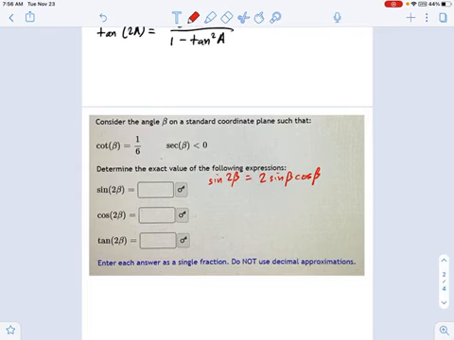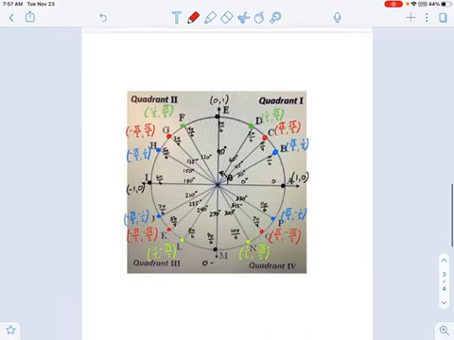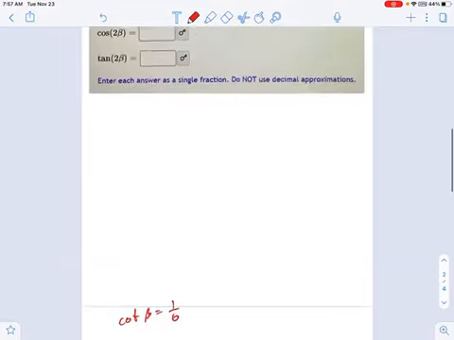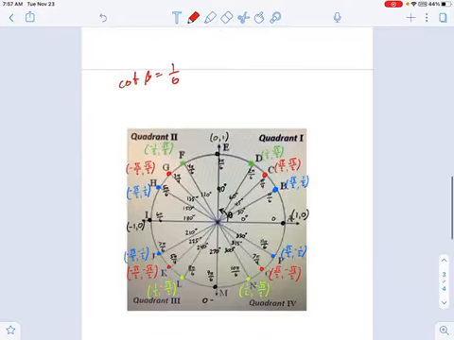We don't know those. We do know cotangent of beta, and I think we can figure out sine and cosine given cotangent and a little bit more. If you think about the unit circle, it always comes back to this. Cotangent beta equals 1/6, and if I remember, secant was negative: secant beta is less than 0.